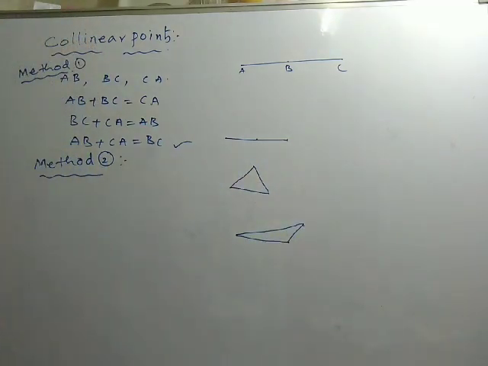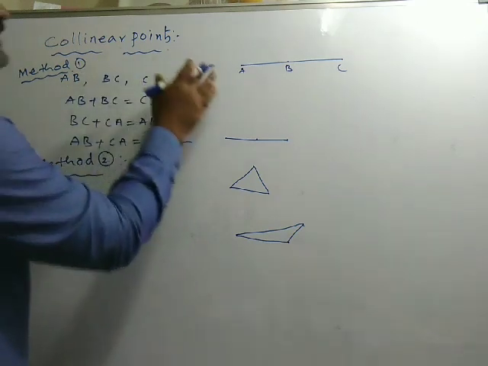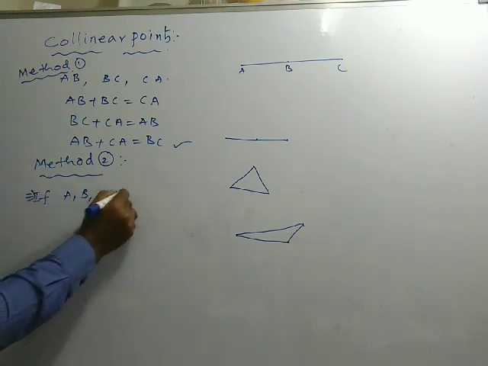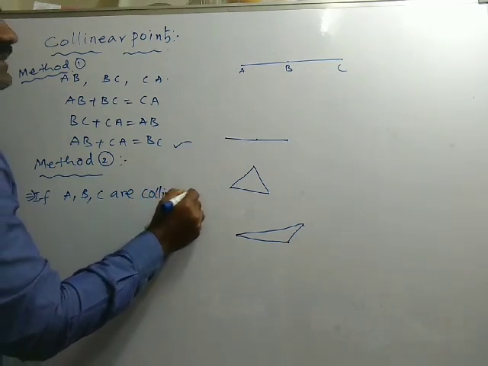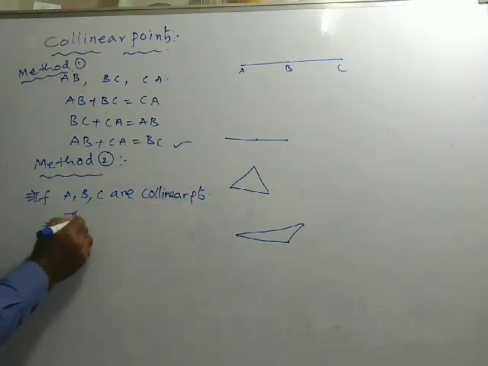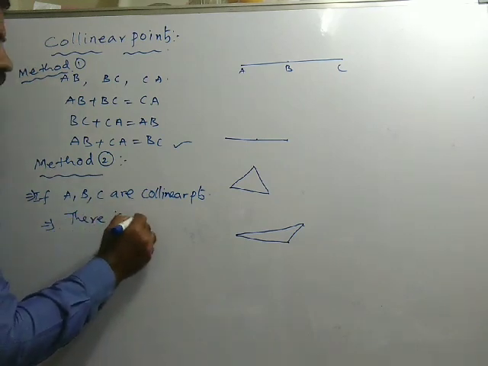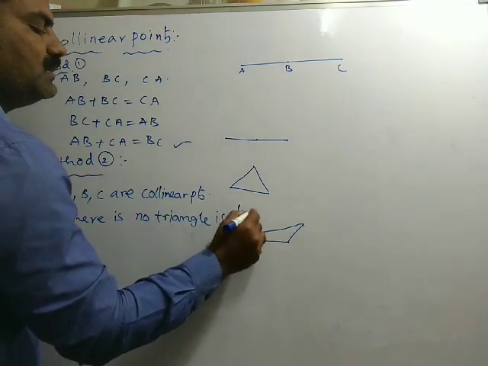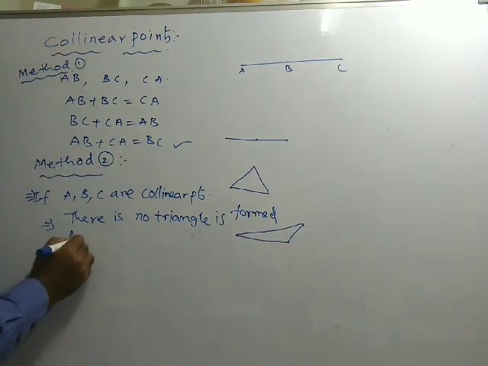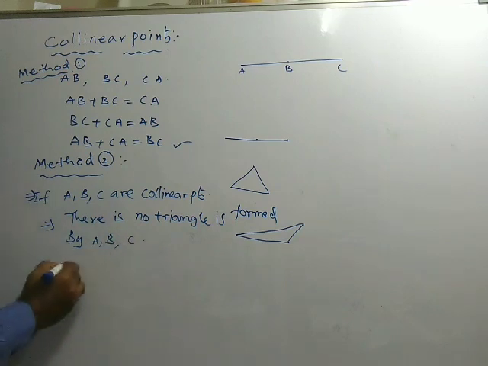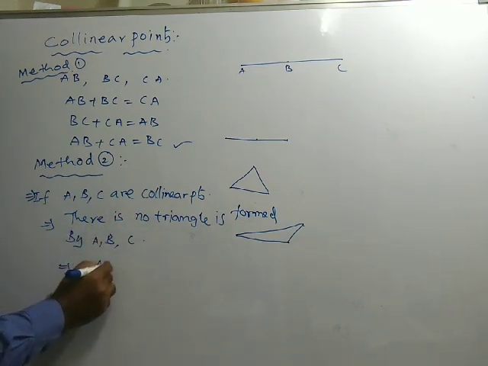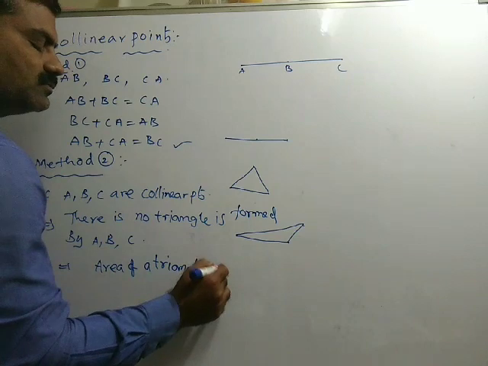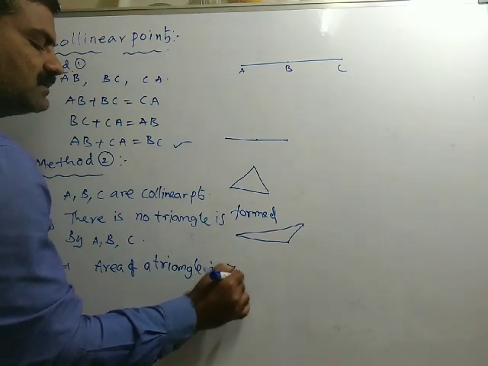Now the concept I want to use is this: if A, B, C are collinear points, that means no triangle is formed by A, B, C. No triangle means the area of the triangle is 0.